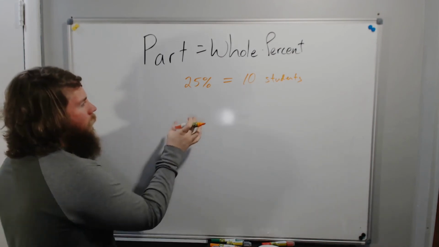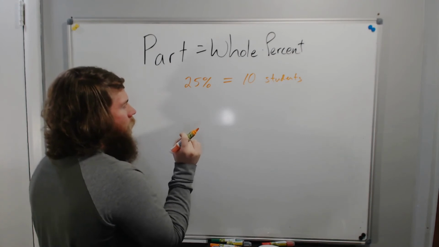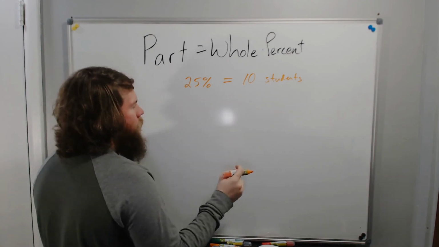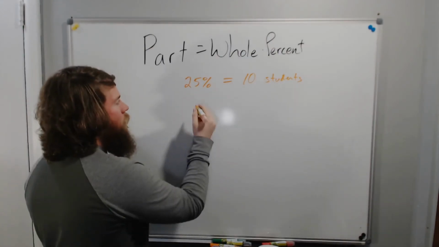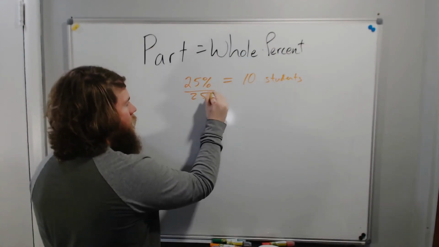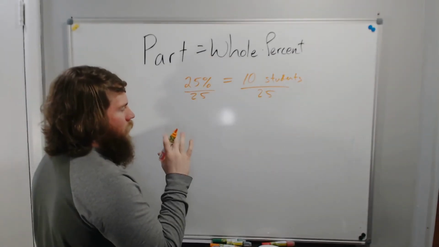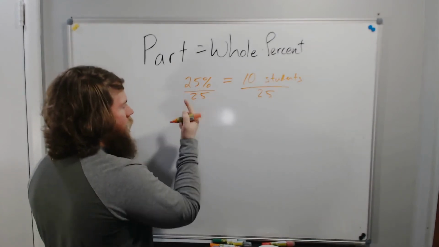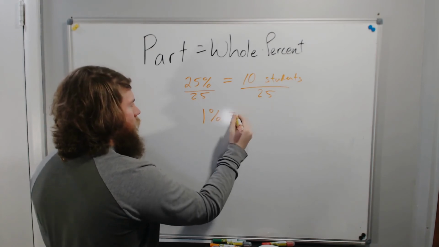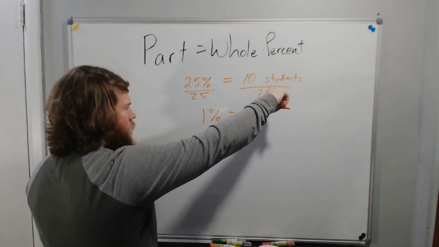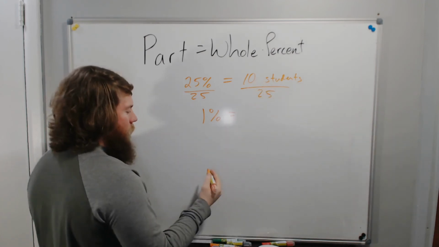Well, to figure out how many students are represented by 1%, we can use this equation. To get to 1% from 25%, we simply need to divide by 25 on both sides, because we don't want to change the equation at all. So 25 divided by 25 is just 1, so we have 1%. And then this is still going to be students over here, but we have 10 divided by 25.